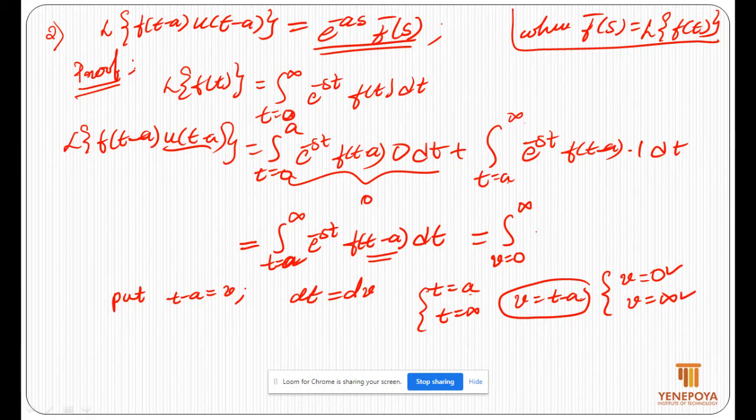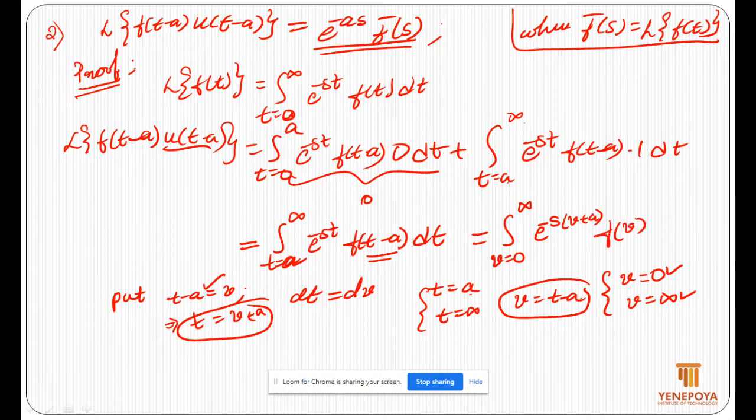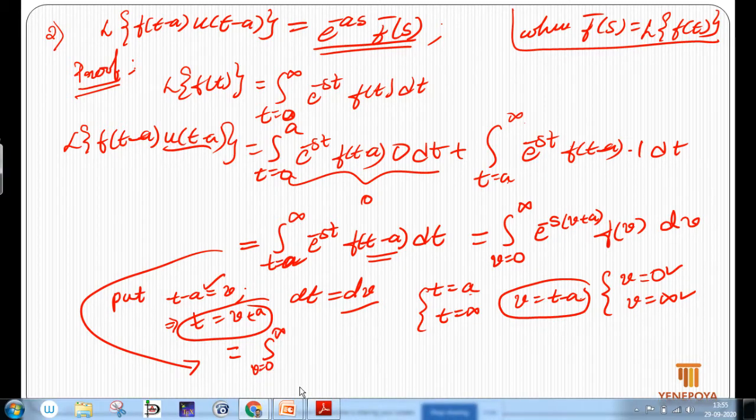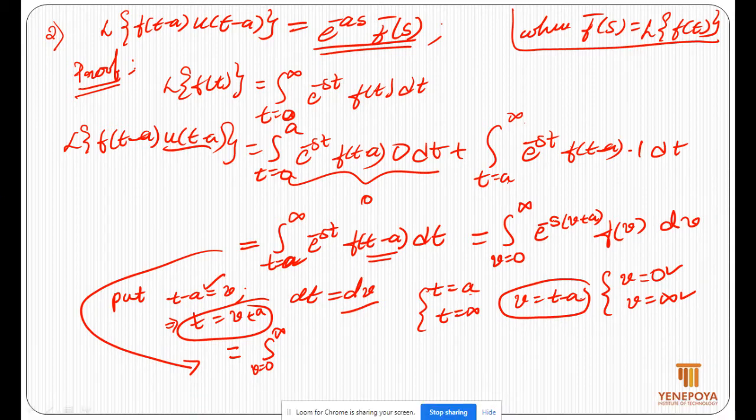v equal to 0 to infinity e power minus st, t can be written as v plus a from this, right, so s into v plus a, f of v dt equals dv. So this function is equal to integration v equal to 0 to infinity, right, and e power minus sv.